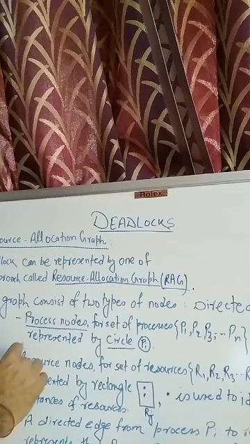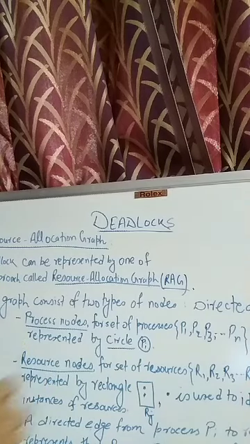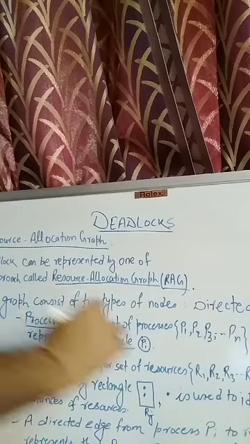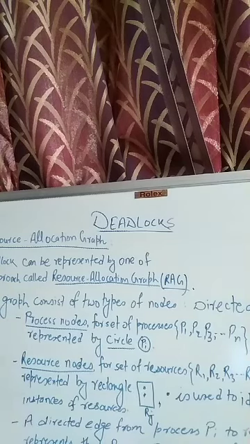And another type of node used in this graph is known as resource nodes for a set of resources R1, R2 up to Rm. These are the set of resources available in the system, and this resource node is represented by a rectangle.